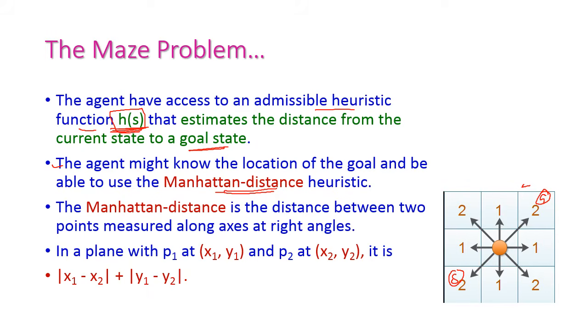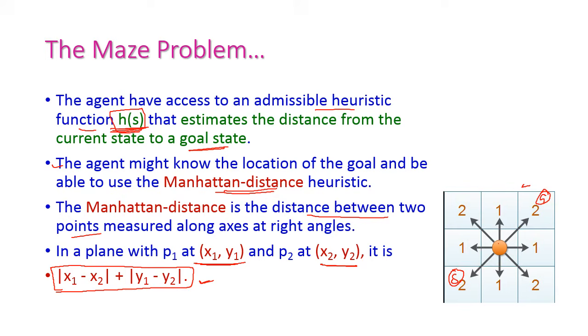Suppose it is at point x1, y1 and the next point is x2, y2. Then what is the distance between the two points? The absolute value of x1 minus x2 plus the absolute value of y1 minus y2. So by using this formula, it can easily compute the distance between two points.